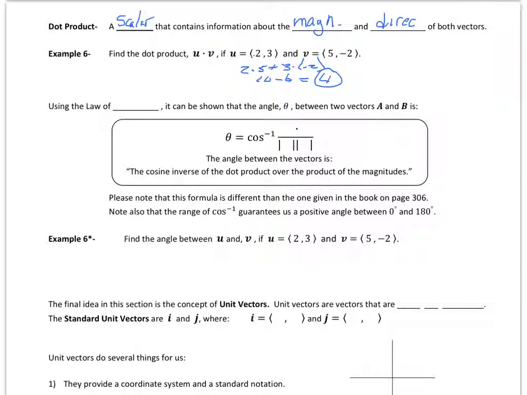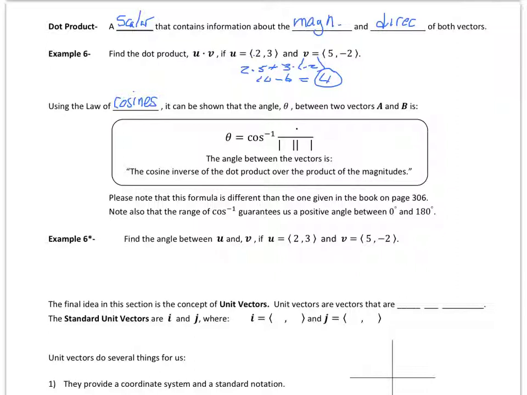And really, that's all there is to the dot product. Don't make this hard. You multiply your horizontal components, multiply your vertical components, and add them up. That's how you get your dot product.